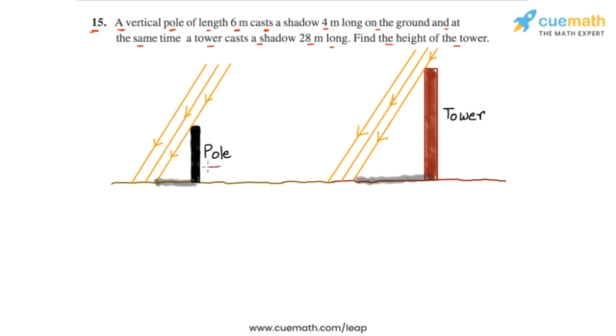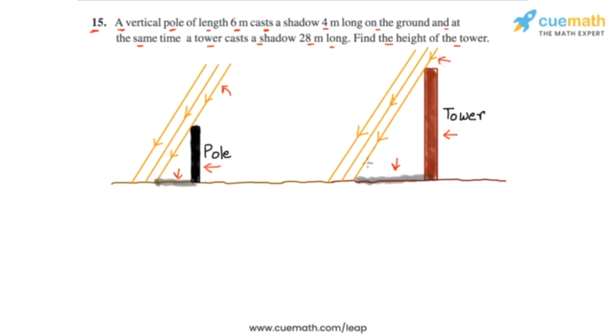This here that you see is the vertical pole, and this is the shadow of the pole, and these are rays of sunlight falling and creating this shadow. And similarly we have this tower here, and this is the shadow of the tower, and these rays are the rays that are creating the shadow of the tower.